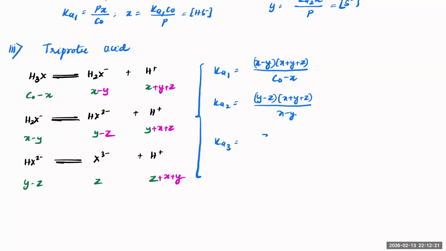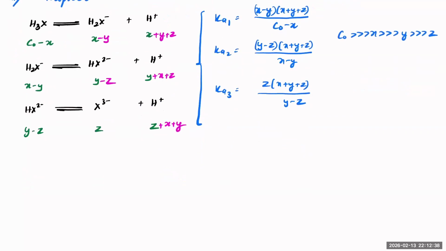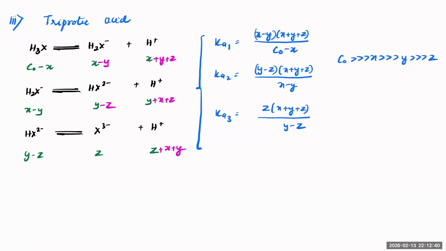Ka3 will be equal to z into x plus y plus z divided by y minus z. So these are the three expressions. And now you know what to ignore: C naught is far greater than x, which is far greater than y, which is far greater than z. Ignore them accordingly. So this is about triprotic acids.